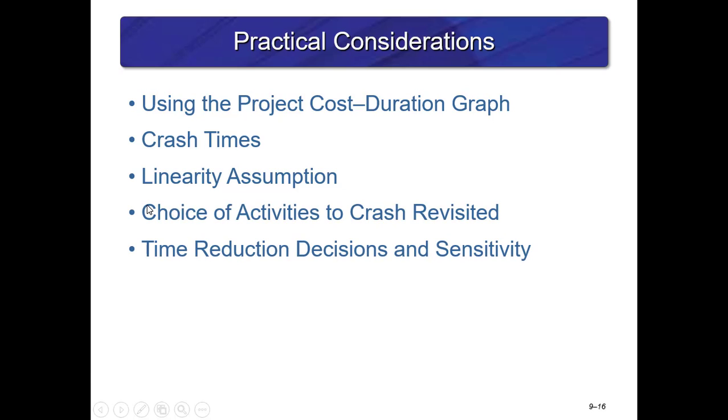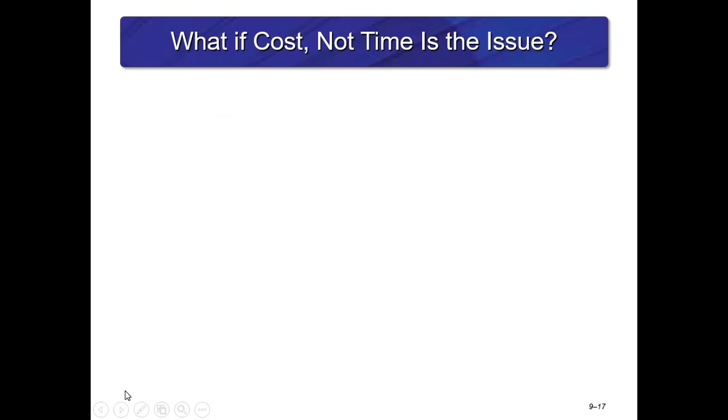So these are considerations. You can use the project cost duration graph, use crash times, use the linearity assumption. The cost of activities to crash can be revisited, and time reduction decisions and sensitivity are other considerations.